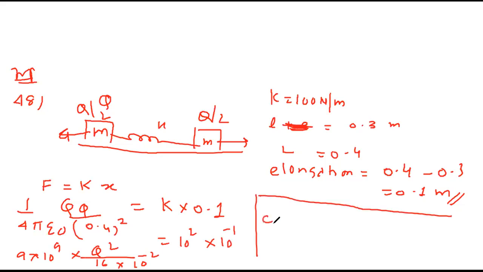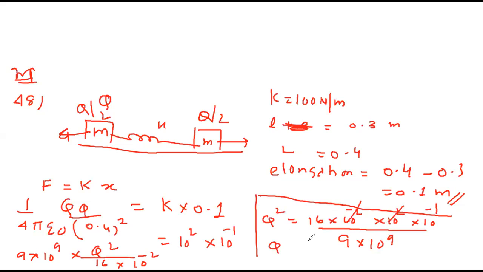So Q square will become 16 into 10 raised to minus 2 into 10 raised to 2 into 10 raised to minus 1 upon 9 into 10 raised to 9. So minus 2 and 2 will get cancelled. Q square is 16 upon 9 into 10 raised to minus 10.